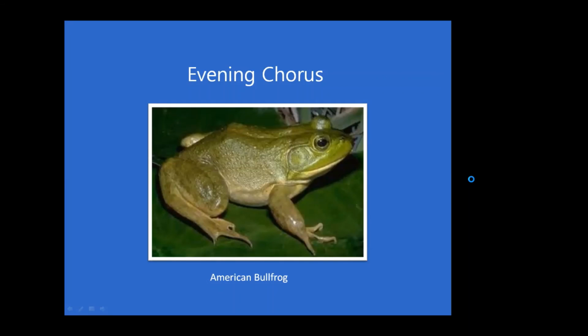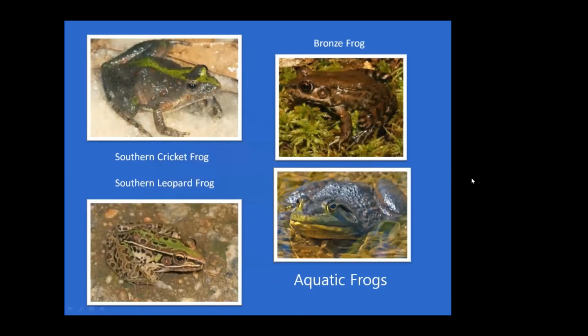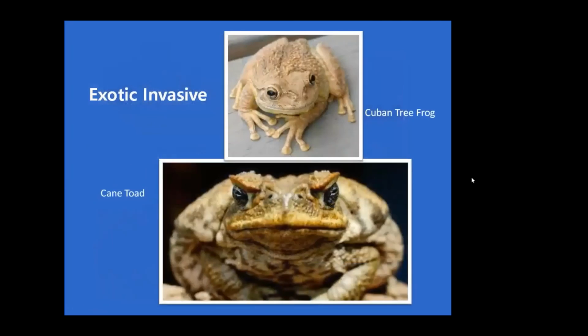It is a wonderful sound, joined by the cricket frog, bronze frog, leopard frog. We also have some exotic invasives. We know these, the Cuban tree frog, the cane toad. Pretty nasty piece of work, but fortunately for us, trophic transfer can work.